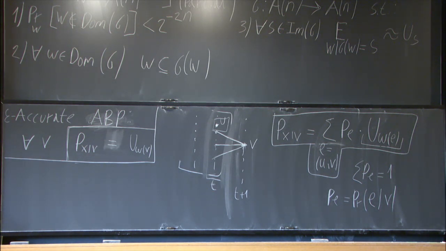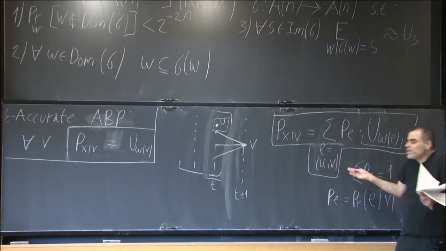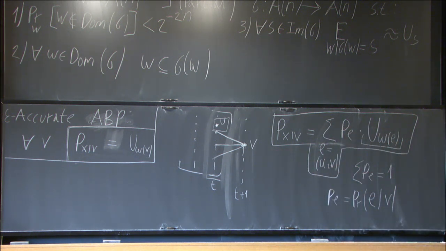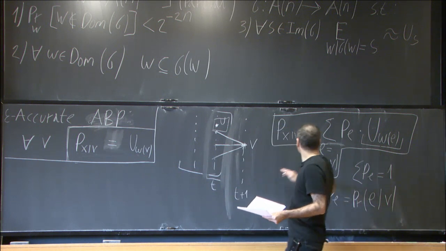So what we are going to do, as Avi said, is take V and split it into many other vertices, which I call ungrouping. But then we will also do regrouping. You will see why. So first, what we need in an accurate affine branching program is for each vertex to satisfy something like this, not something like this.